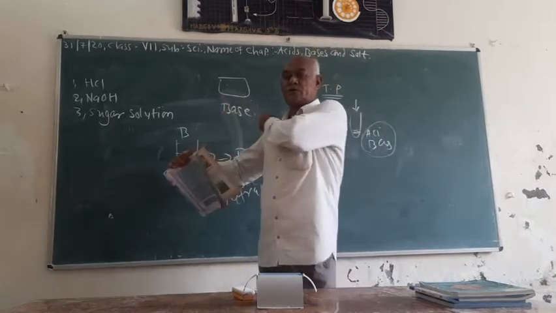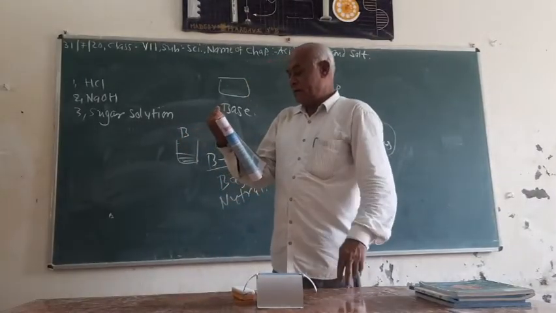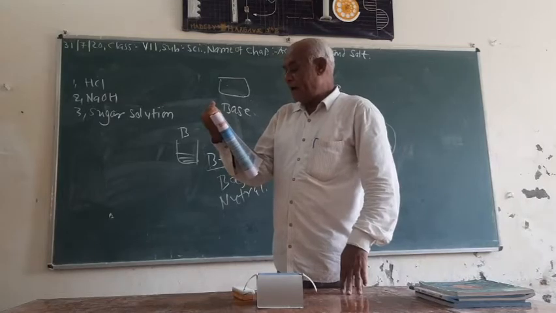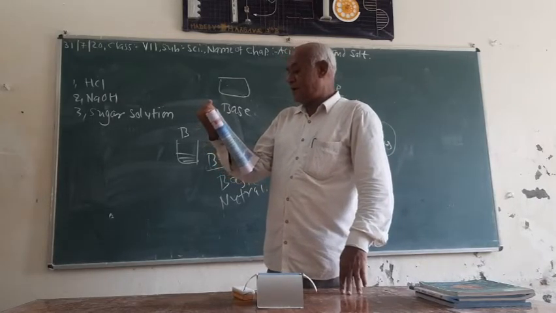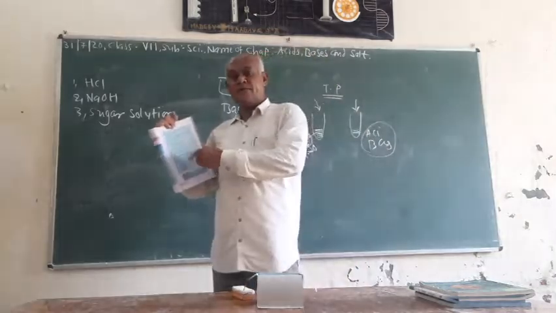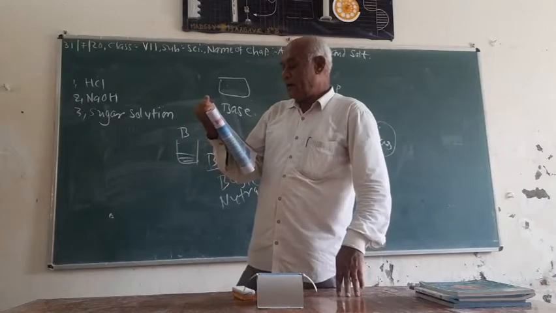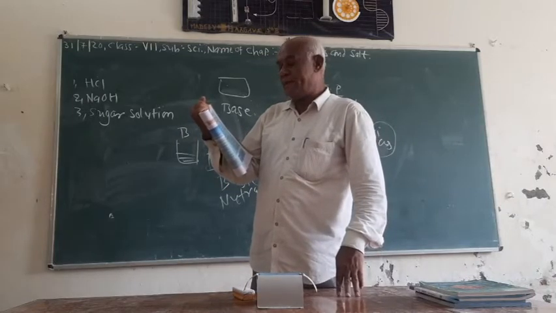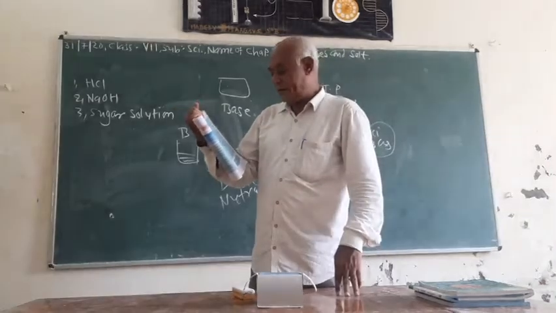This is also a wrong statement. Third, if an indicator changes color with a base, it does not change color with an acid. This statement is also wrong. It is possible that if an indicator changes color with a base, it also changes color with an acid.